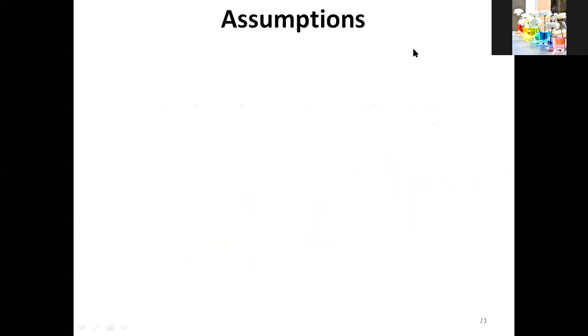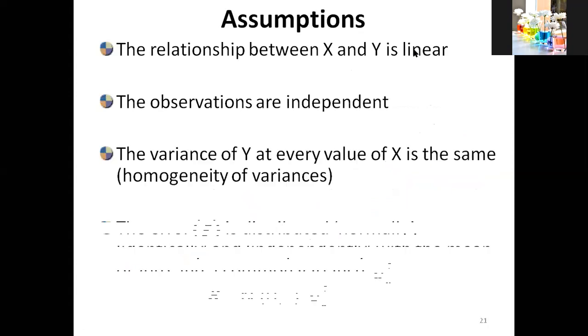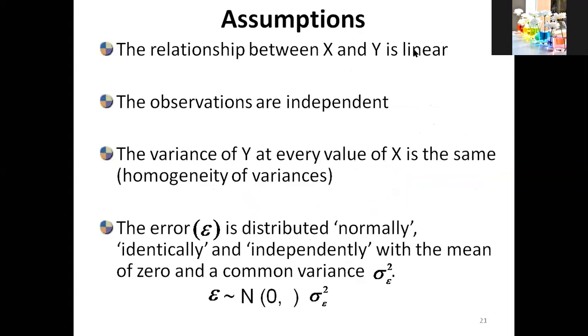We have a few assumptions. I will put all the assumptions together, then we will discuss. When you do a parametric test, we definitely have to go through assumptions. The first assumption is that there is a relationship between x and y, which is a linear relationship.